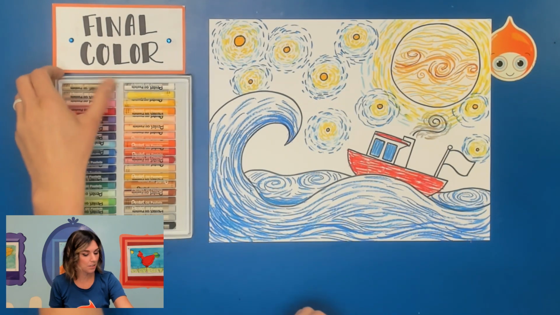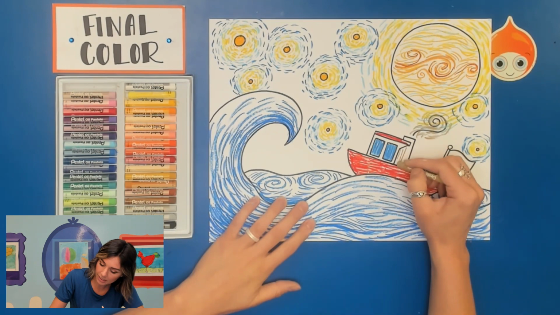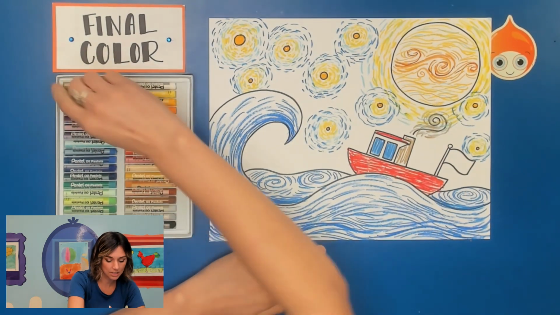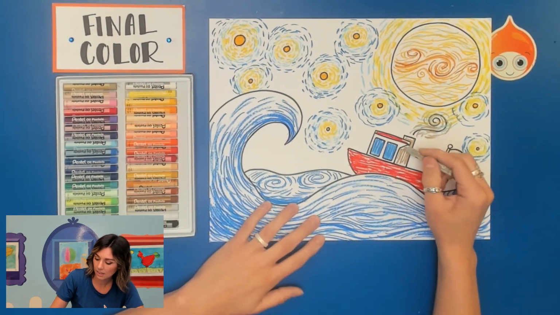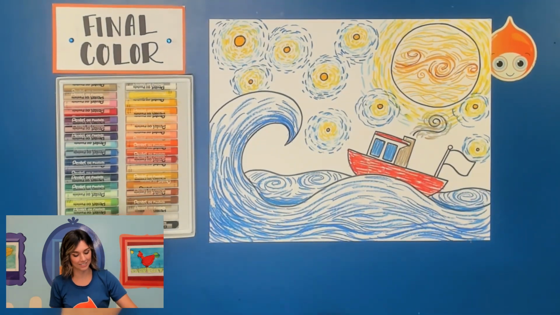All right, I am going to be coloring my chimney part right here. And I'm still using those lines and just using nice up and down lines to create that variety.